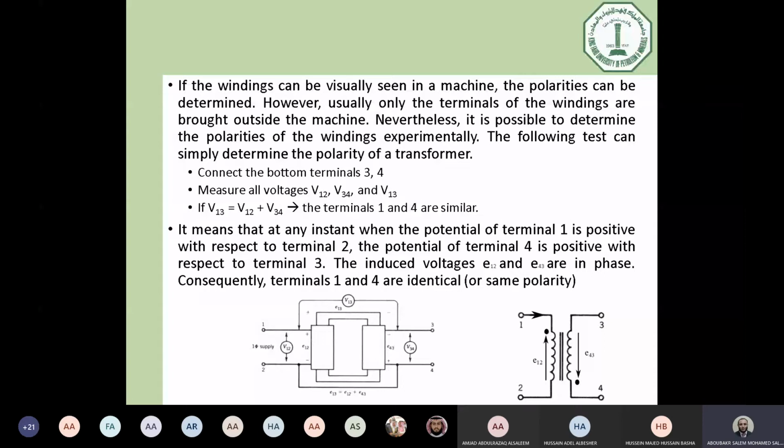Another reason is continuity. What's the meaning of continuity? We have some loads which are critical loads. For these loads, supply interruption is not allowed. So in order to keep the supply continuous, we add transformers in parallel.